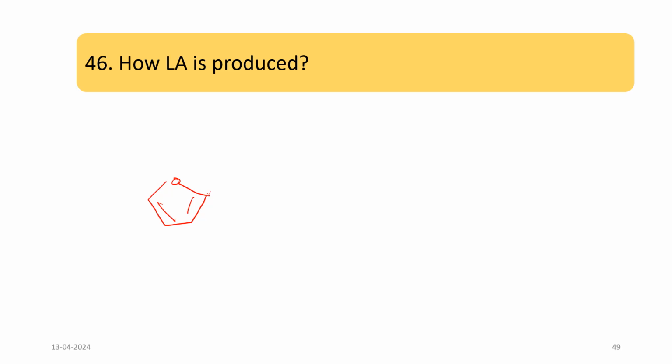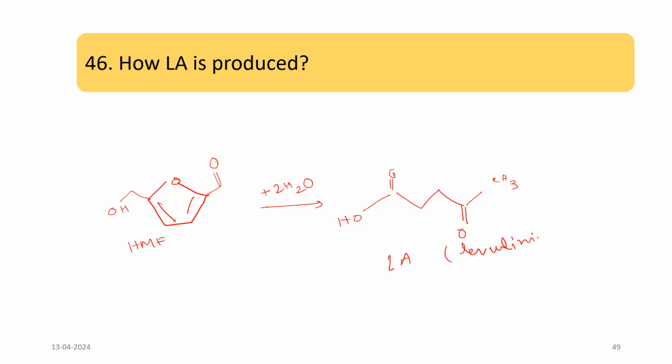So it is the 5 carbon ring, and so this is the HMF. It reacts with water, that is hydration happens, and it produces levulinic acid, that is LA, plus some amount of formic acid. Okay, this is how LA is produced.